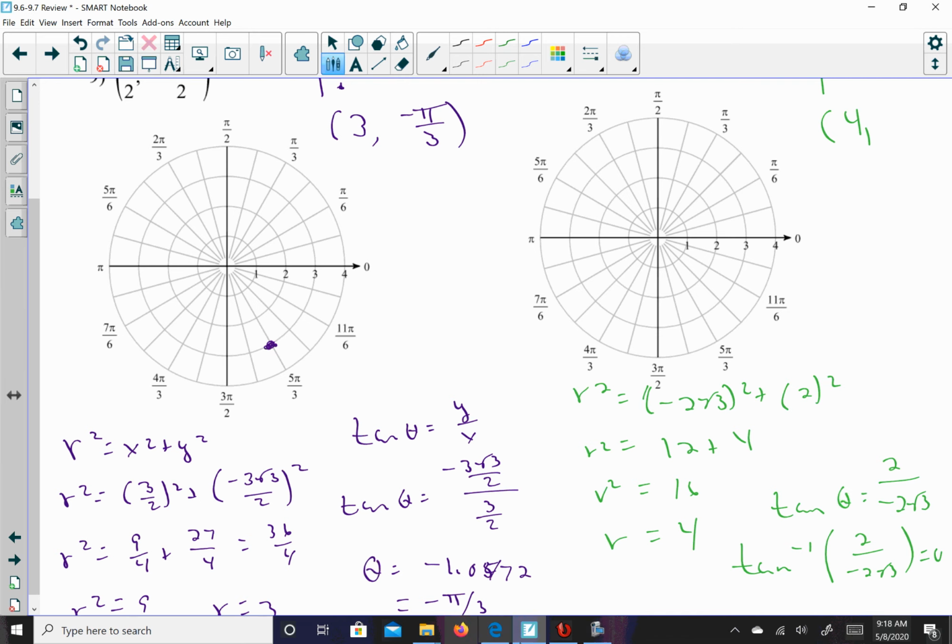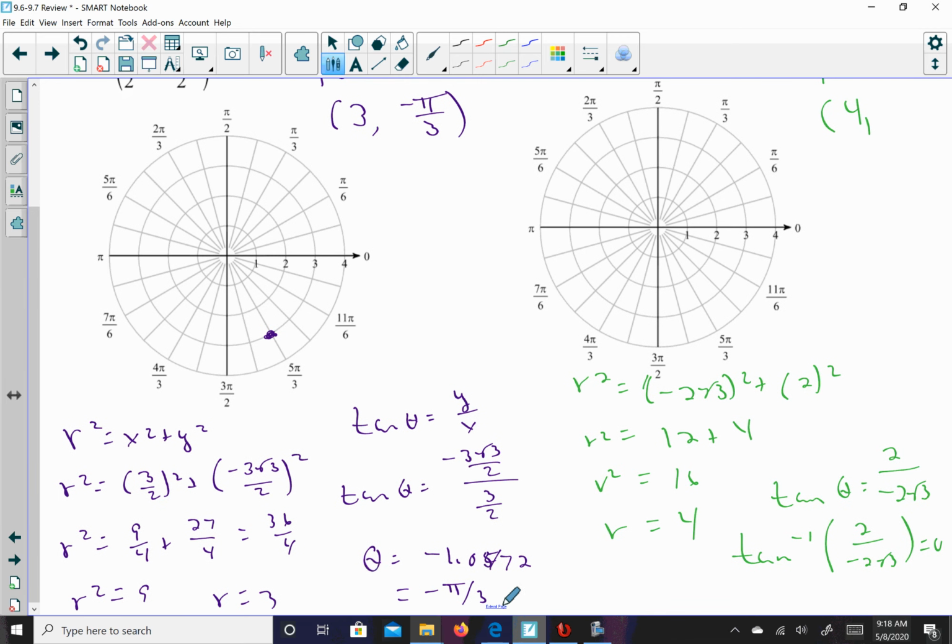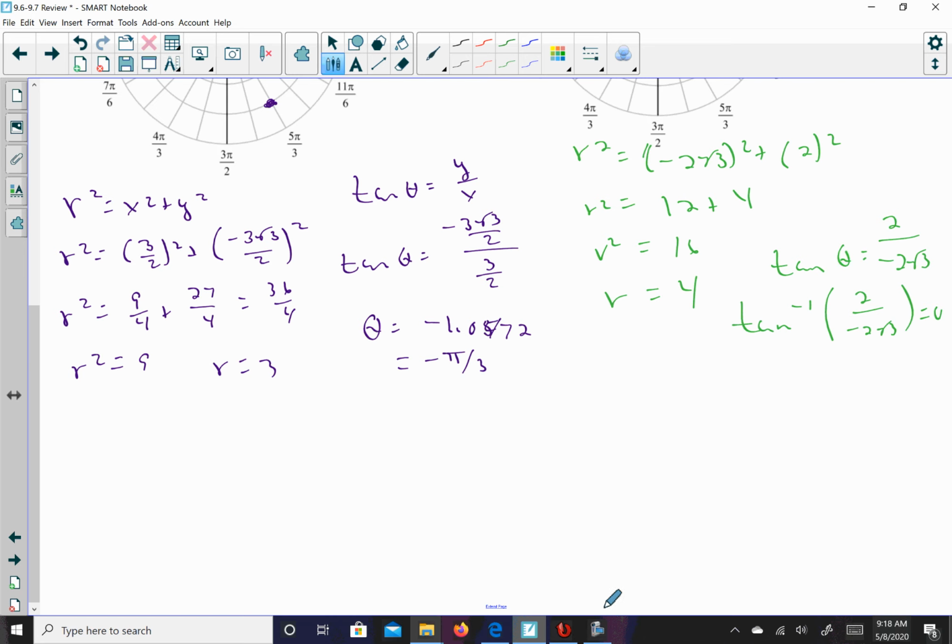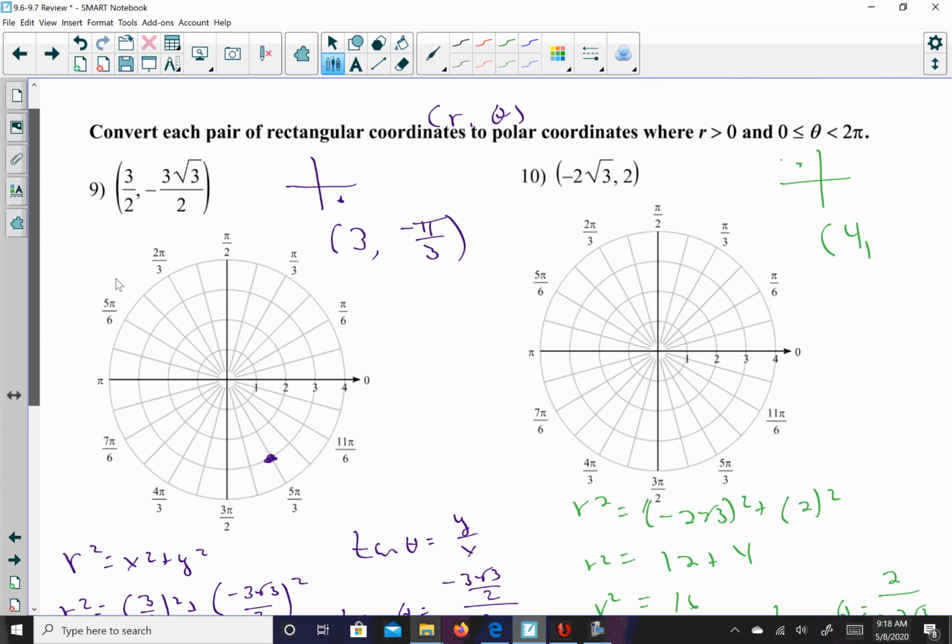If I know my unit circle, I know that it's negative pi over 6. So theta is going to equal negative pi over 6. If you just put it in your calculator without thinking about the unit circle, you're getting as a radian negative 0.524.